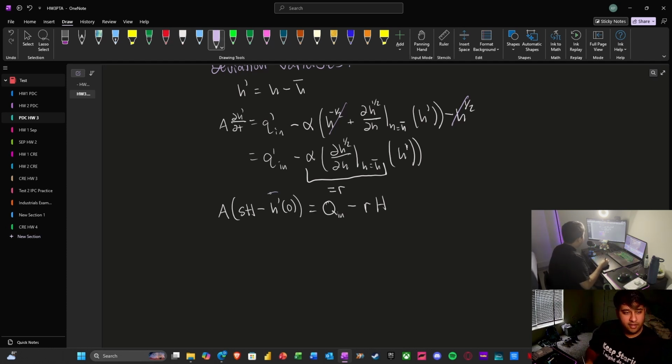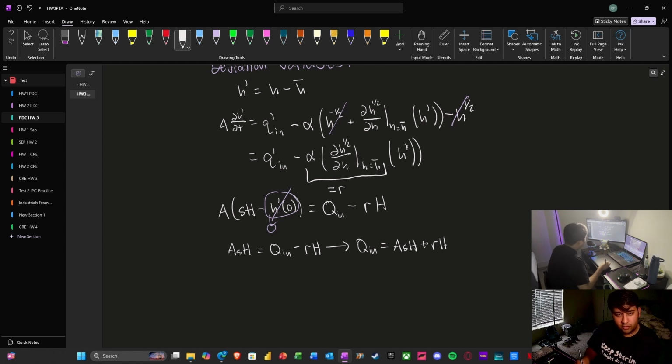Since this is at time 0, we're going to make that 0. So what we're left with is A s H equals Q in minus R H. So we end up with an equation based off the Laplace transform that is linear rather than square root based, and this is our algebraic function that we're going to use to solve.